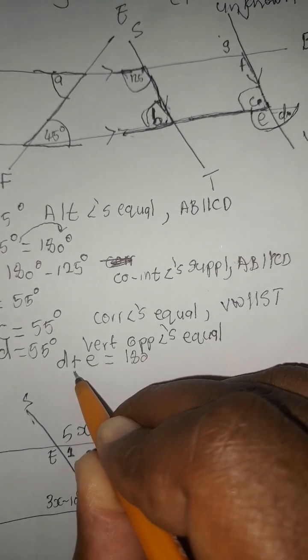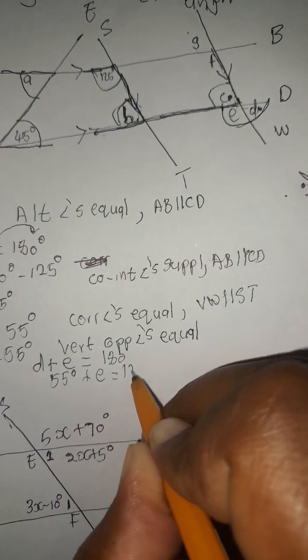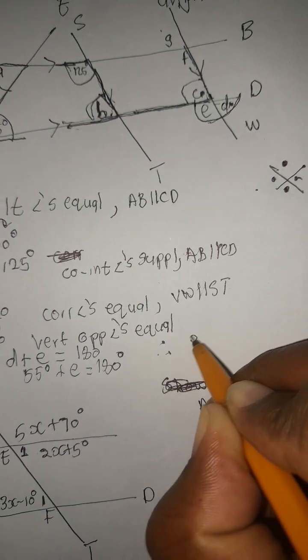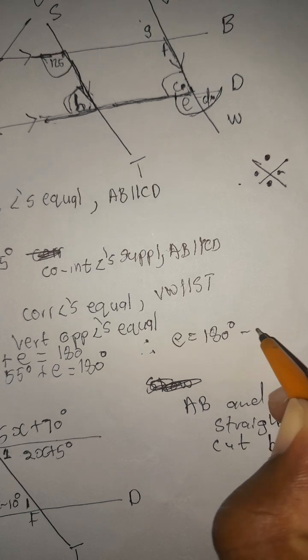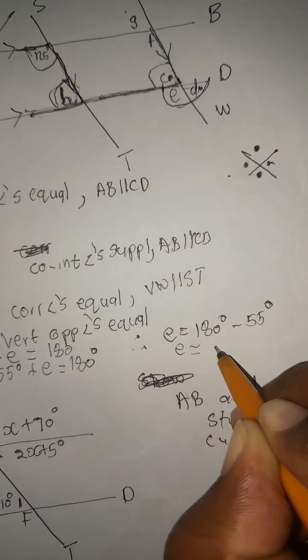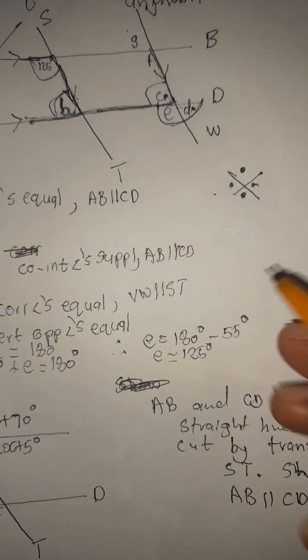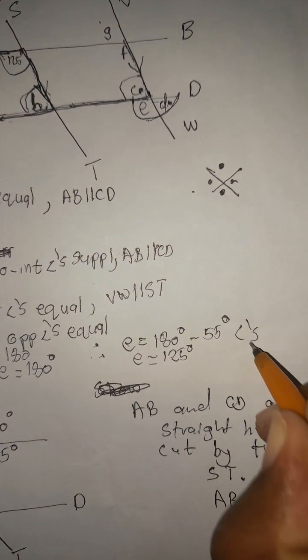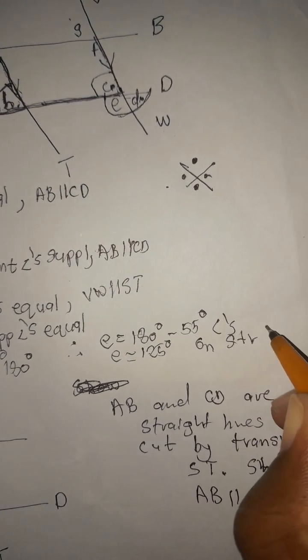You know that your D is 55 plus E, which is equal to 180 degrees. So therefore, if we transpose to the other side, 180 degrees minus 55, what is that? That would be 125, isn't it? 125. So in other words, the reason is angles on a straight line.